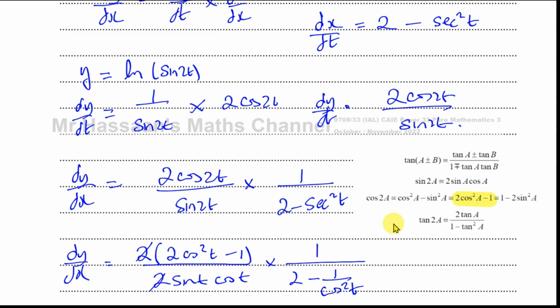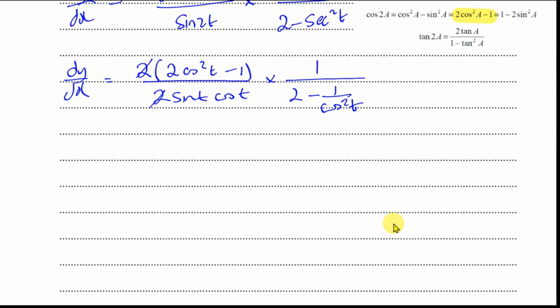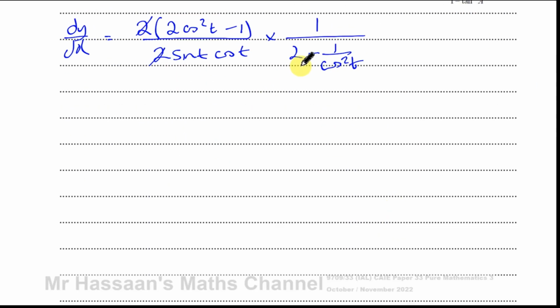All right. So that's like a fraction within a fraction. Let me simplify that fraction a bit. So I'm going to write this as 1 over, and this is going to be under 1 fraction, cosine squared t. And that will be 2 cosine squared t minus 1.